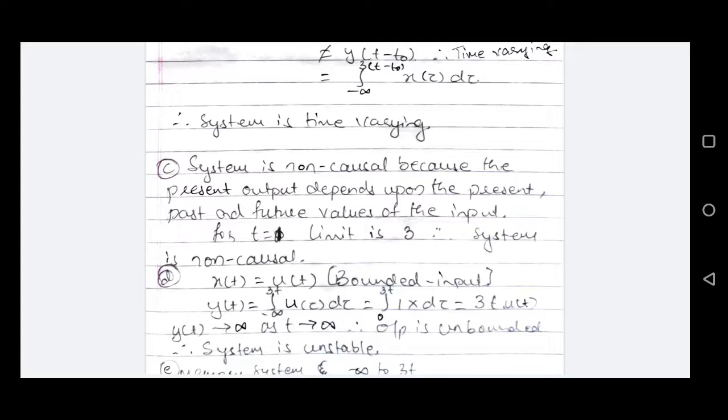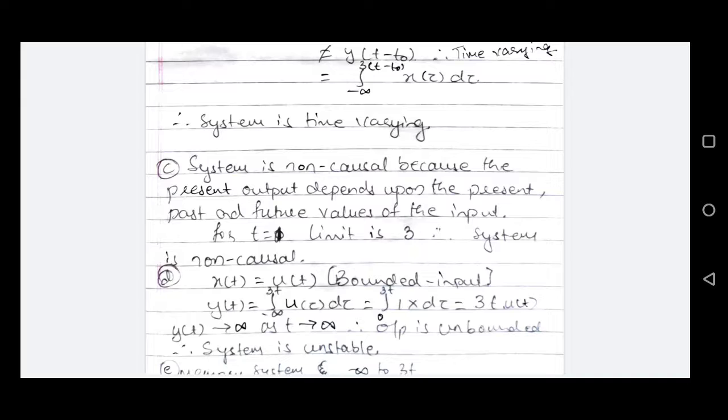The output at time t is dependent on the variable t. t is the independent variable which will be ranging to infinity. As t tends to infinity, the output will also tend to infinity. Even though the input is bounded, the output is unbounded. Therefore, the system is an unstable system.